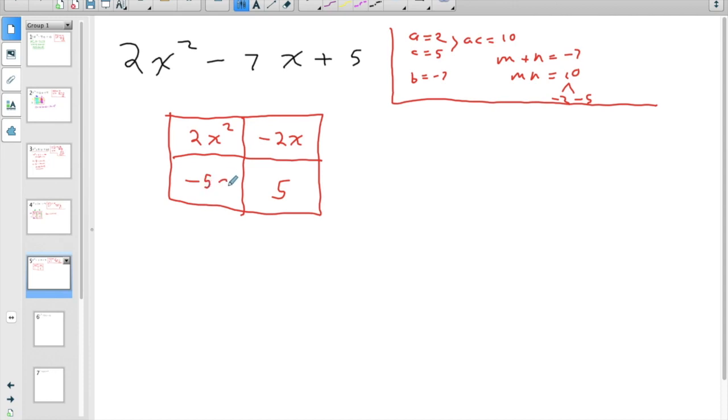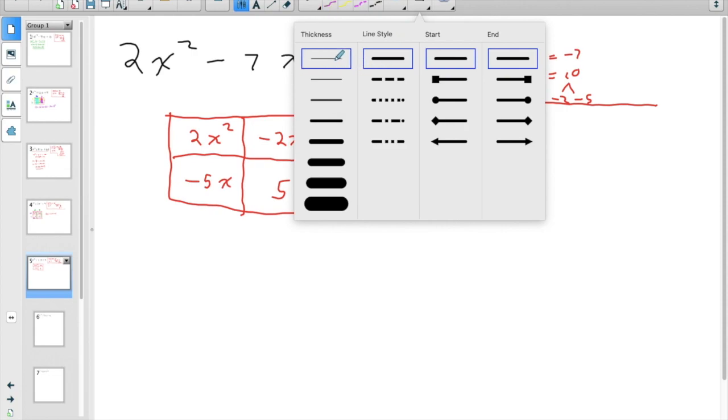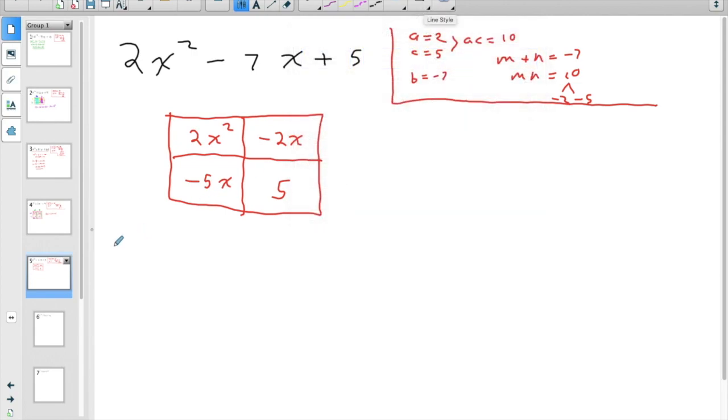And it really doesn't matter the order that they're in. Okay, so we are going to start by looking at our top and bottom, so we're going to be going across.